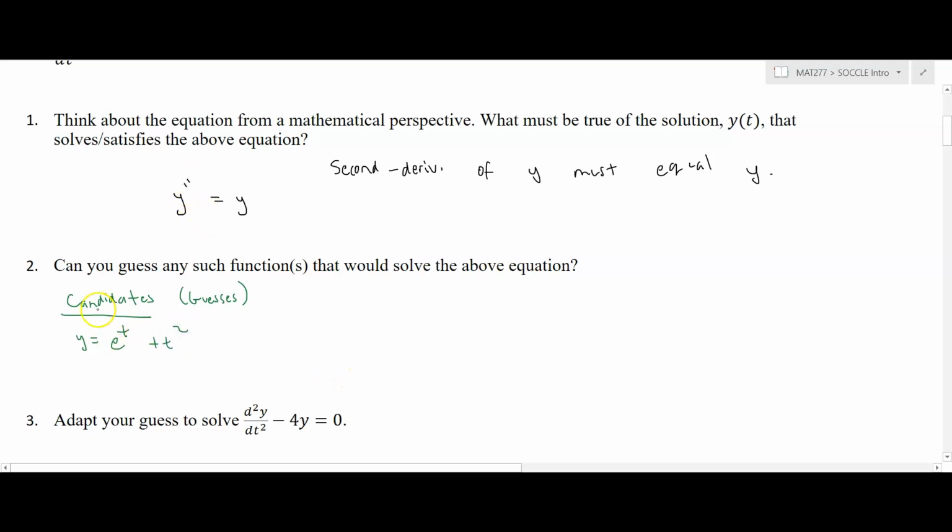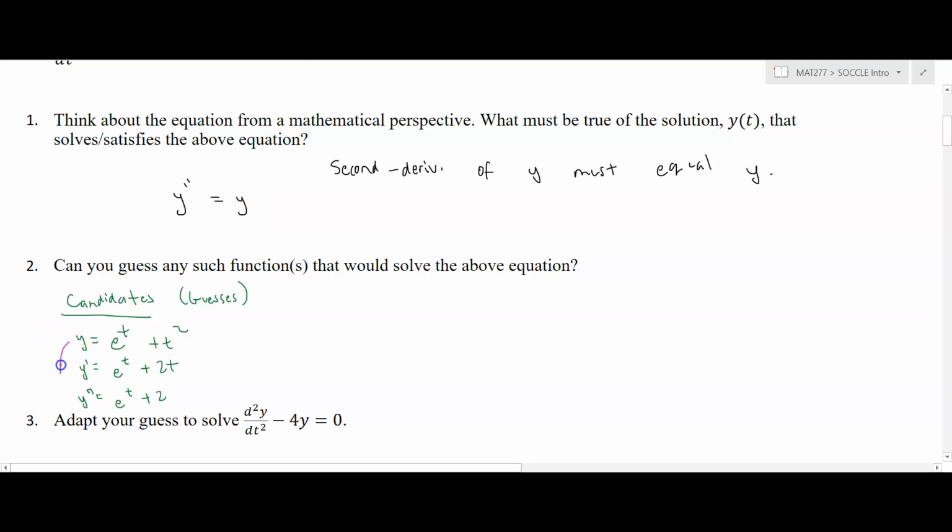Well, in order for it to solve this equation, I have to make sure that the second derivative of what I pick as my candidate is the same as the original function. Well, I take the derivative of this, and I see that it's going to be e to the t plus 2t. And now if I take the derivative of the derivative, I get e to the t plus 2.